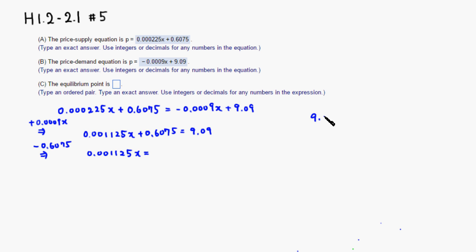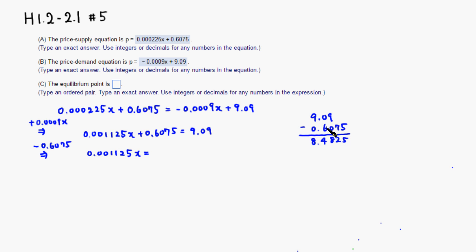So we have, let's see, 9 minus 7 is 2, 9, so 8 minus 0 is 8, and that will be 4 and 8.